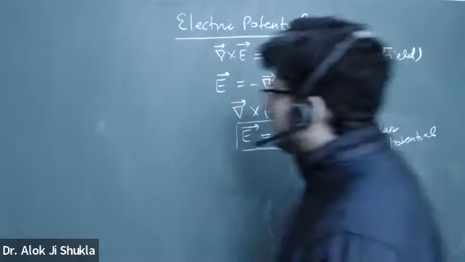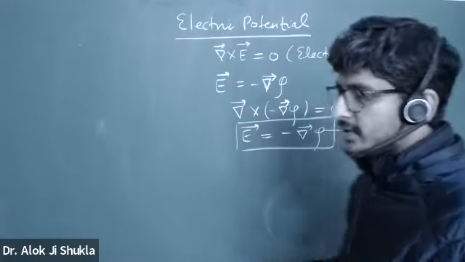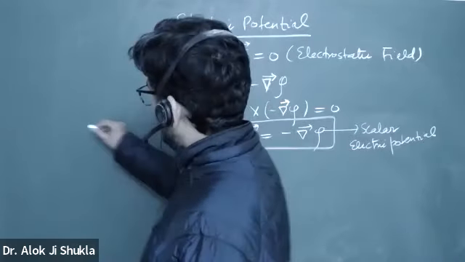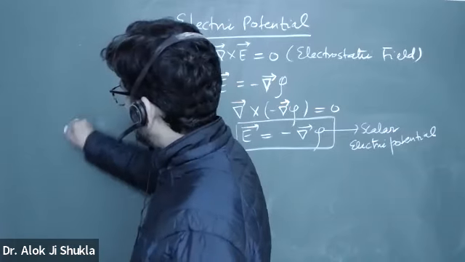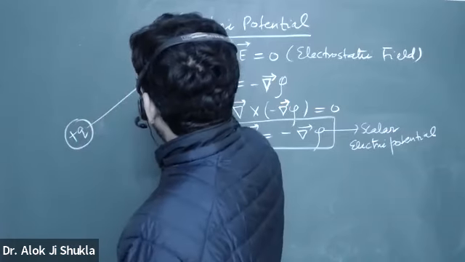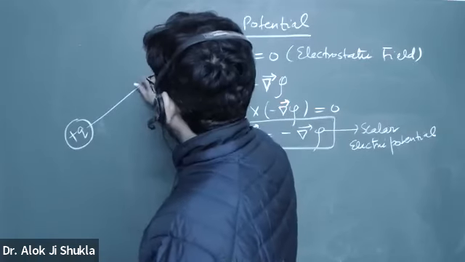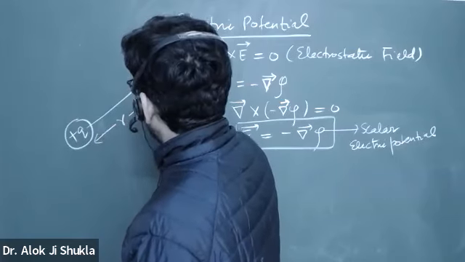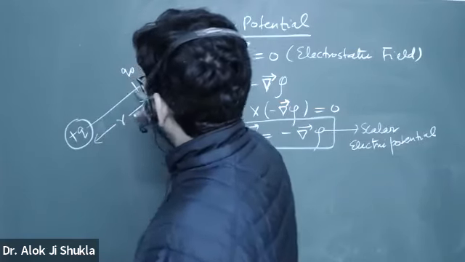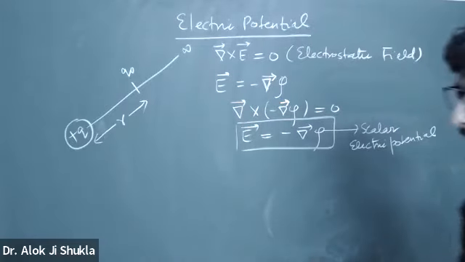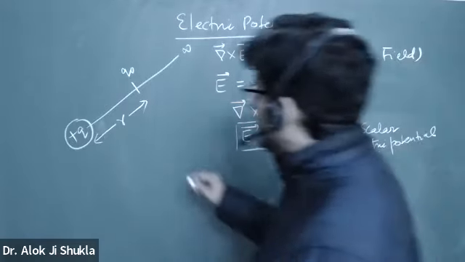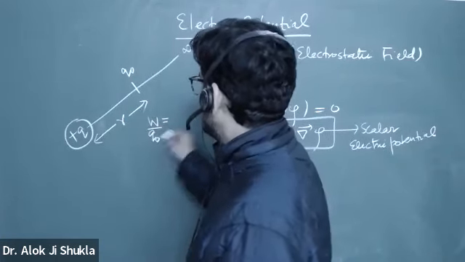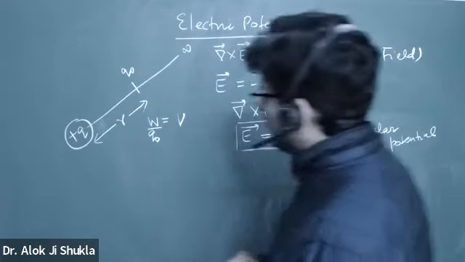So the definition of electric potential, we give by using a charge. Suppose I write a charge Q, and from infinity, I bring a test charge Q naught in the field of plus Q. So the definition goes like this: the work done per unit test charge is called electric potential of that point.